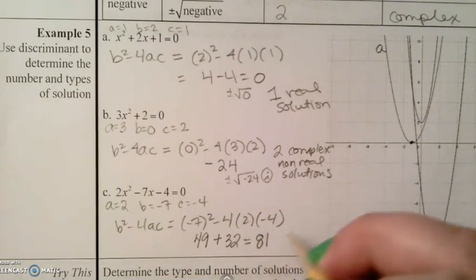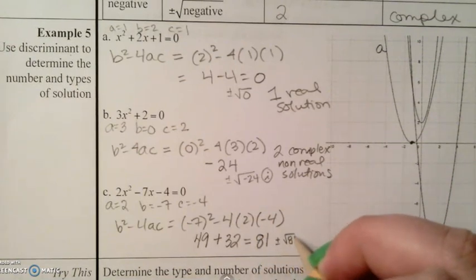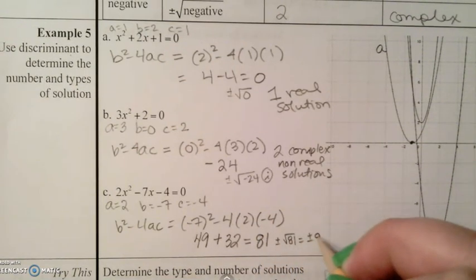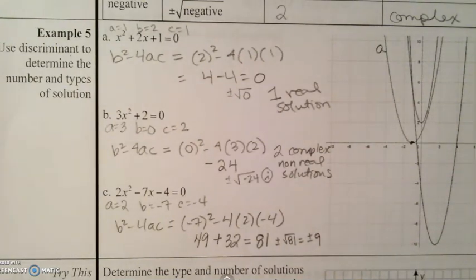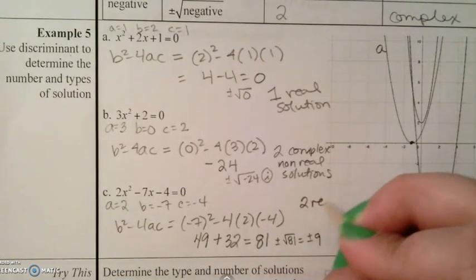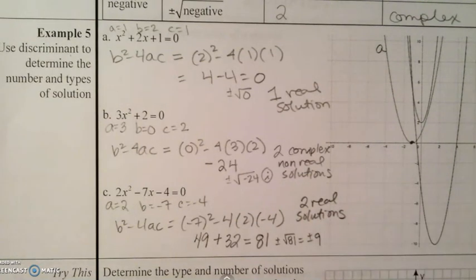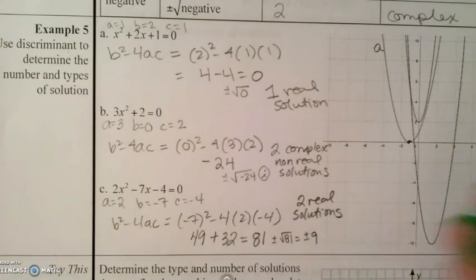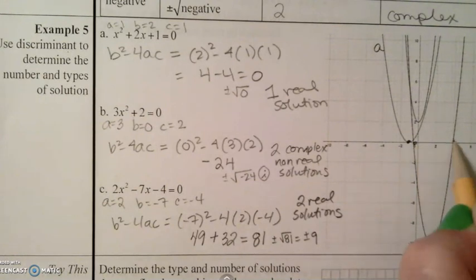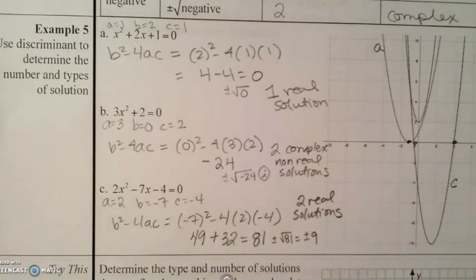If I have plus or minus the square root of 81, that is plus or minus 9. If I have a number and I add 9, and a number and subtract 9, that will give me two real solutions. Two real solutions means two x-intercepts. Two x-intercepts is graph C.